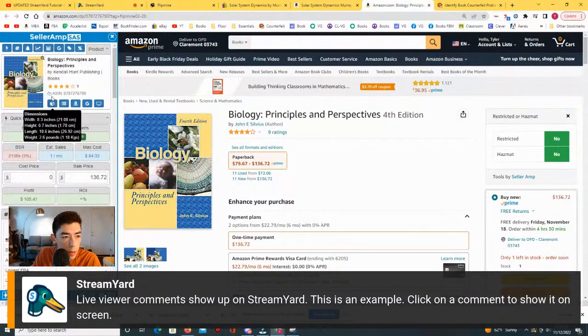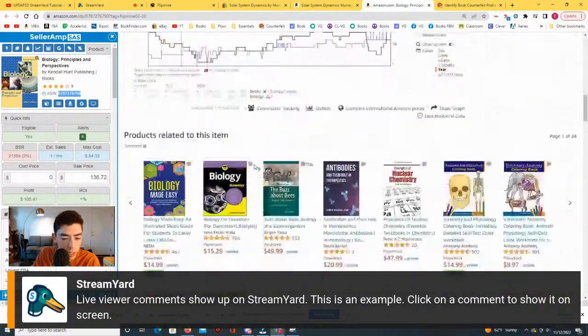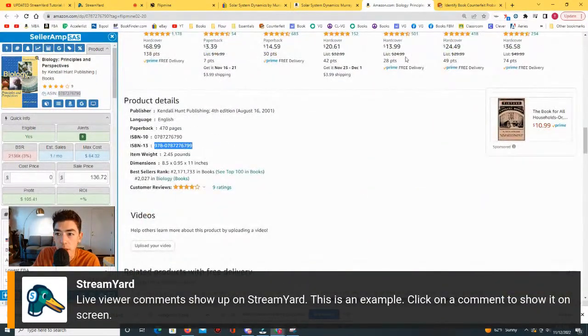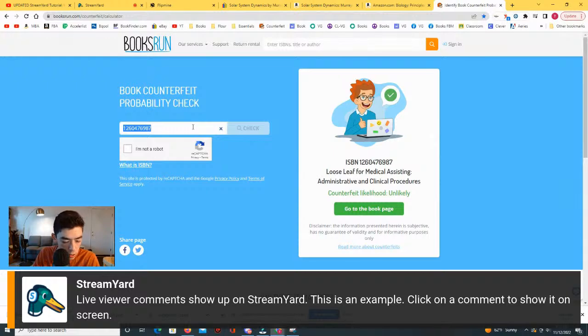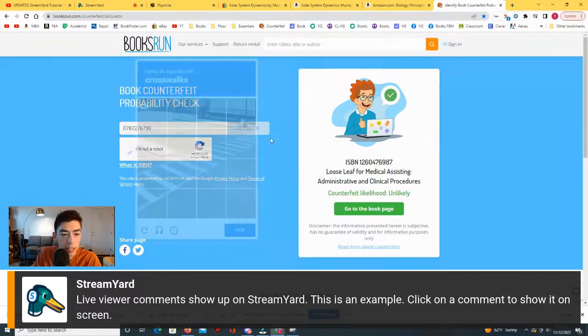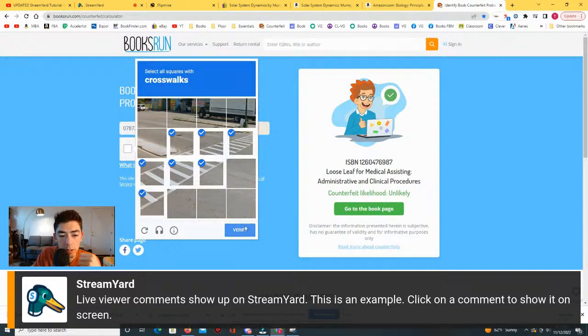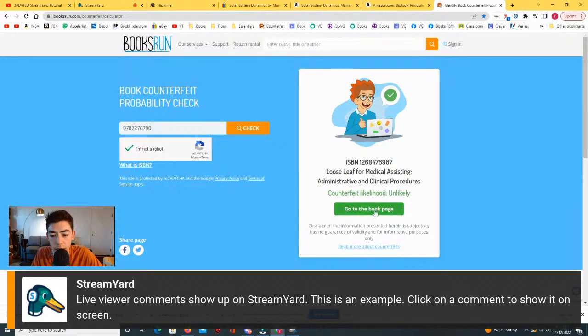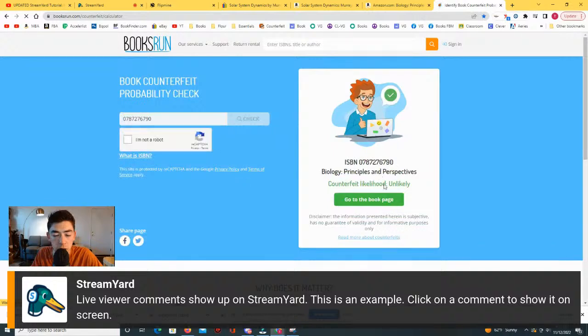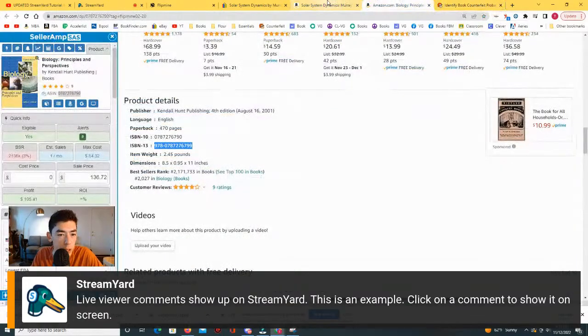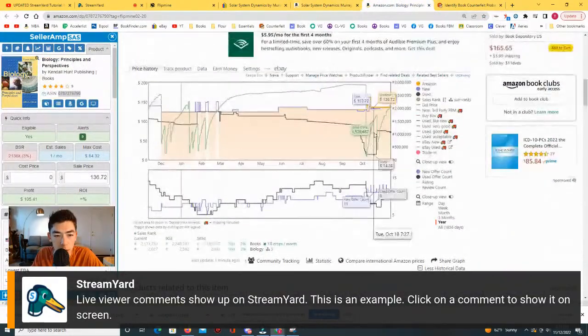Over here on Seller Amp, I can copy the ASIN, or I can scroll down and copy the ISBN, and paste that in here. They think I'm a robot, so I have to do that right now. But let's go ahead and check. This says this is unlikely, which is good. We just don't want to be buying books that are likely or very likely to be counterfeit, because we don't want to run into issues with our account health.